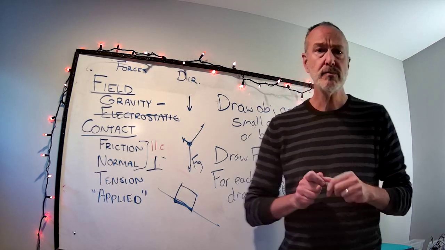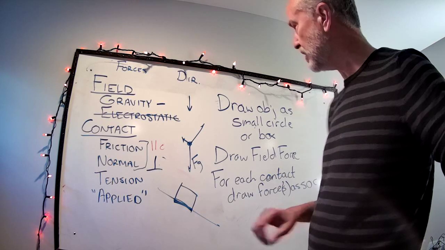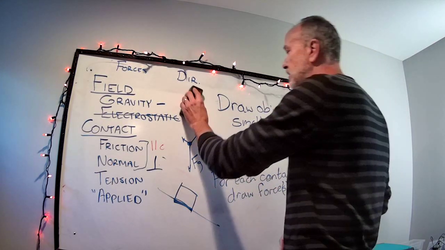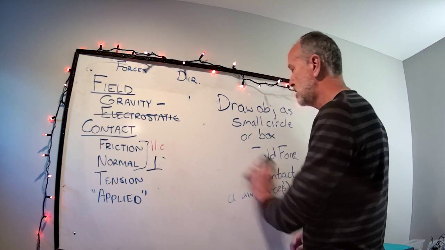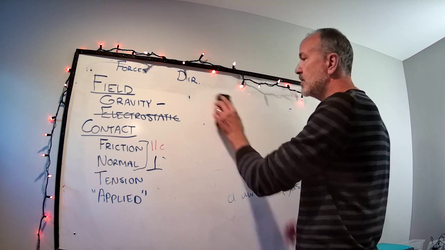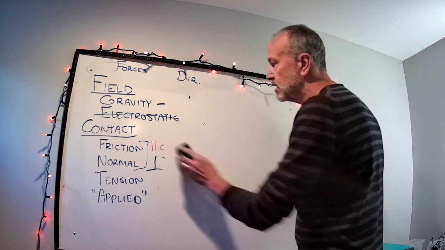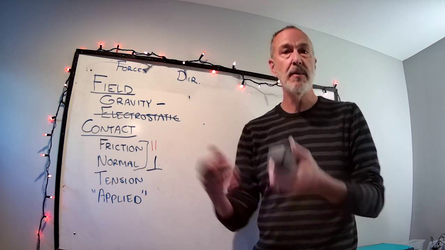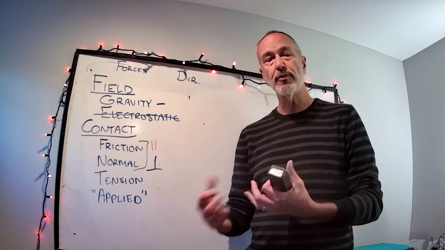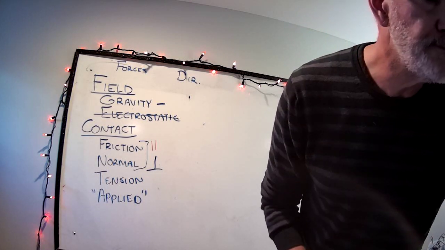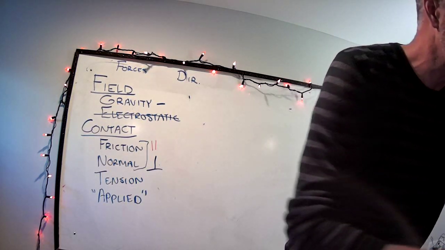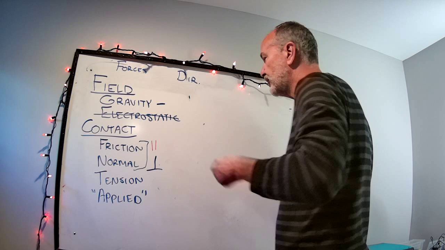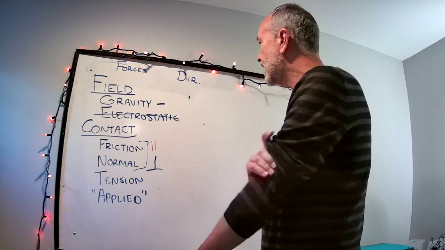Okay? Let's do another problem really quickly using this exact same approach. It's really important to be able to associate the correct direction with each of these forces. Remember, tension is a pulling force along the rope or the string or the wire.